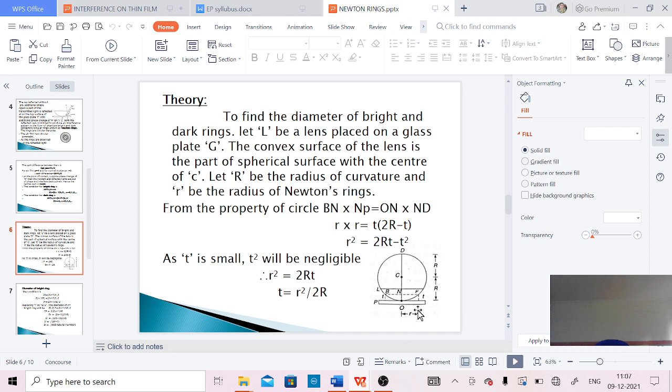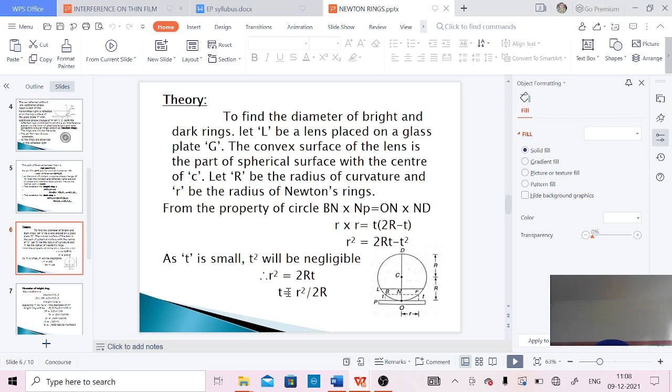That means r times r equals t times (2R minus t), where ND is also the thickness t. So r square equals 2Rt minus t square. Due to the small value of t, the thickness of the film, t square is negligible. Now r square equals 2Rt, so the thickness t equals r square by 2R.